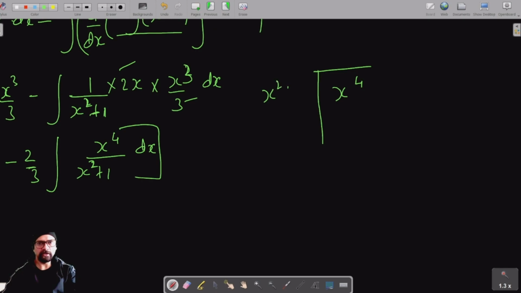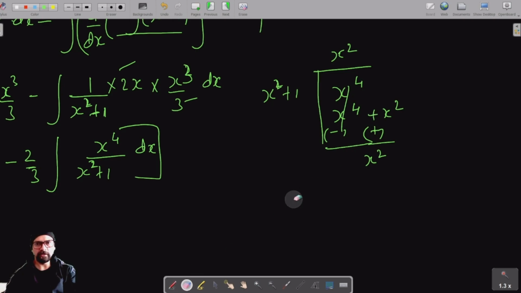So let's divide x raised power 4 by x squared plus 1, so this is x squared, and x raised power 4 plus x squared, and this gets cancelled, so this is minus x squared. So it's minus 1, and it's minus x squared minus 1. So let's subtract them, which gives us 1.